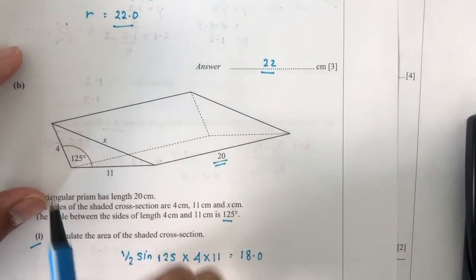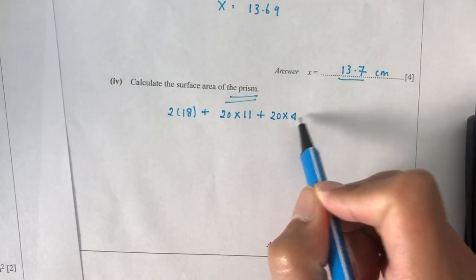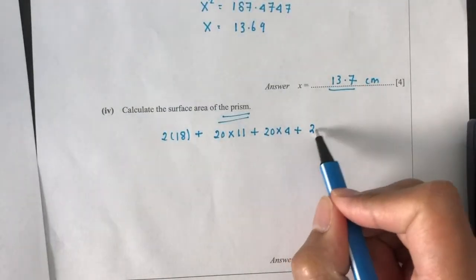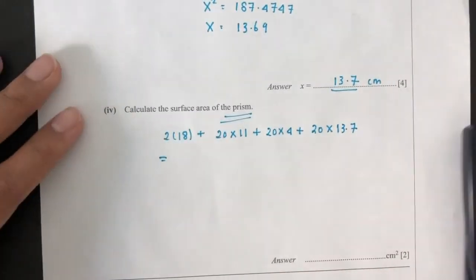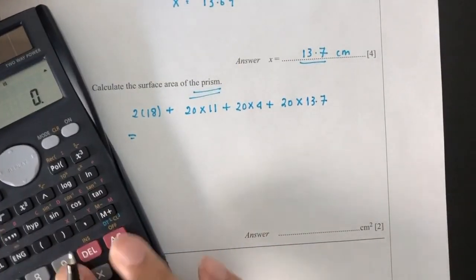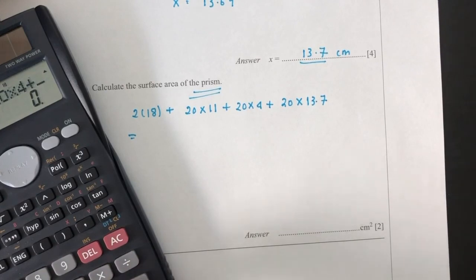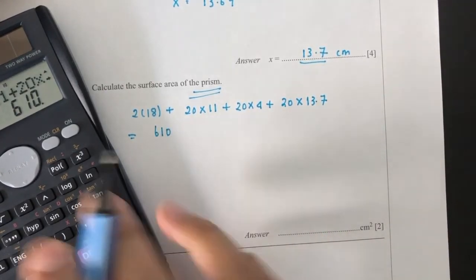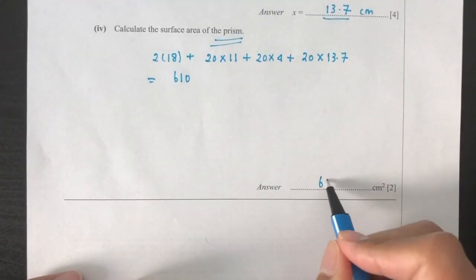The one on the back will be 20 times 4, and the one on top will be 20 times x. Okay, let's solve and find the value. That will be 36 plus 20 times 11 plus 20 times 4 plus 20 times 13.7. That will be 610. So the surface area of the prism will be 610.